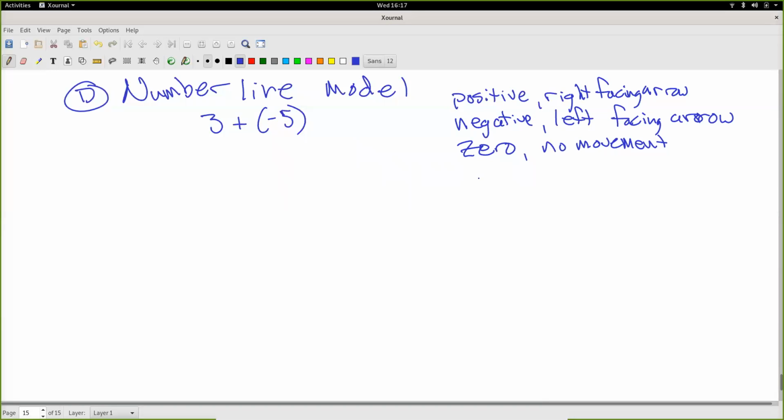And then what does subtract on a number line mean?